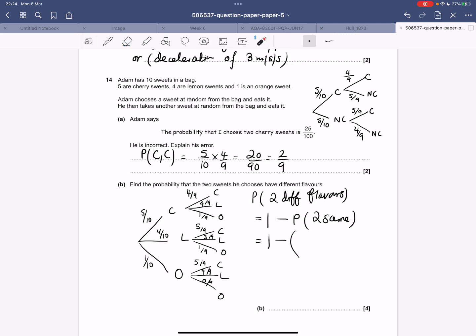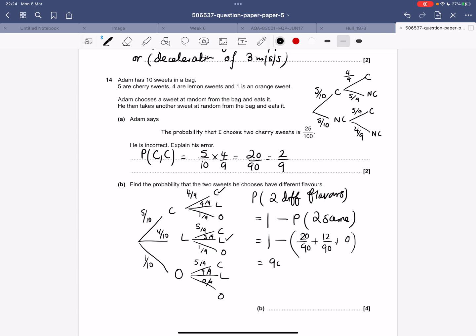So the probability of 2 cherry is going to be 20 over 90, 2 ninths. Lemon is 12 over 90. Orange is nothing, because you can't get orange twice as there's only one of them.